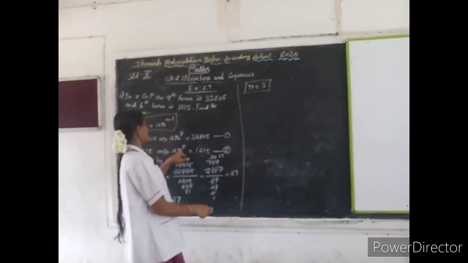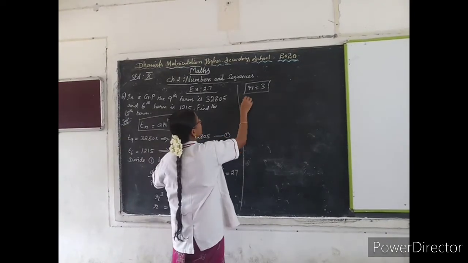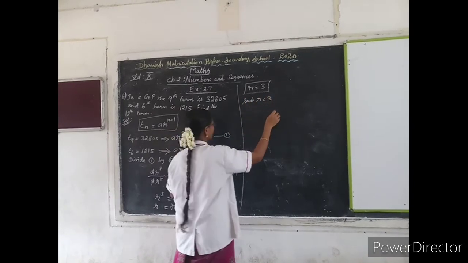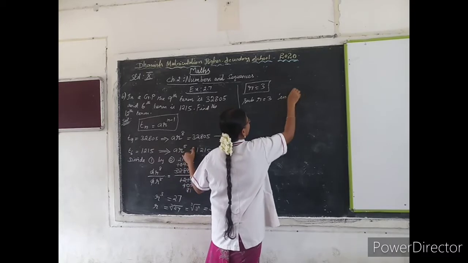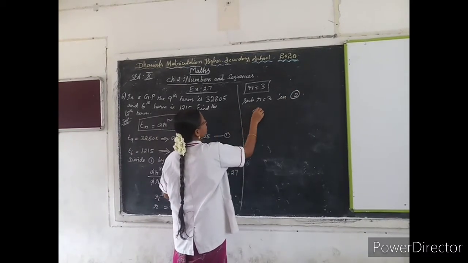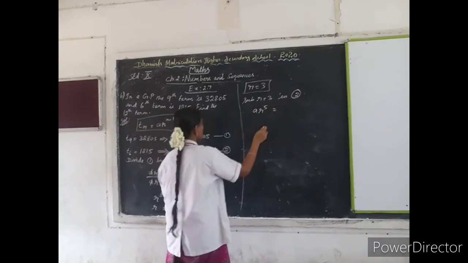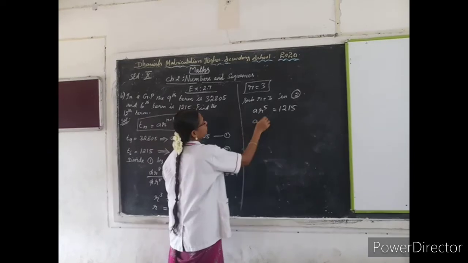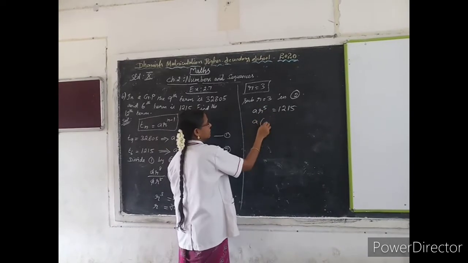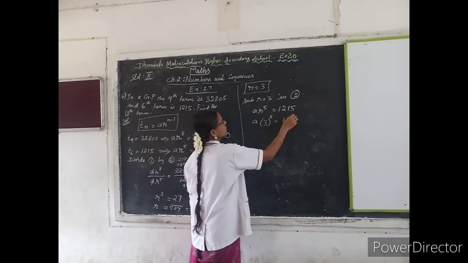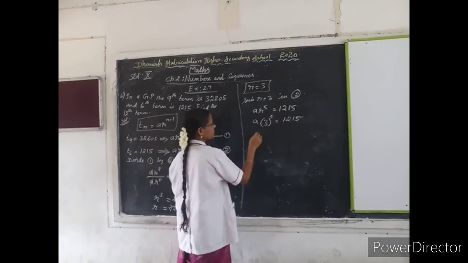Now we want to find A. So substitute R equal to 3 in the second equation. The second equation is A R power 5 is equal to 1215. A we don't know. What is R? 3. So R power 5 means 3 power 5 is equal to 1215.